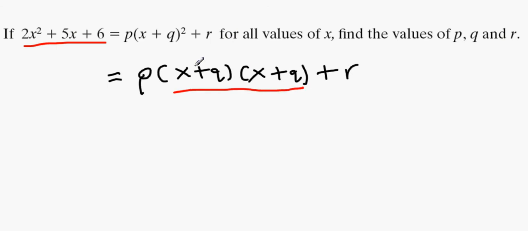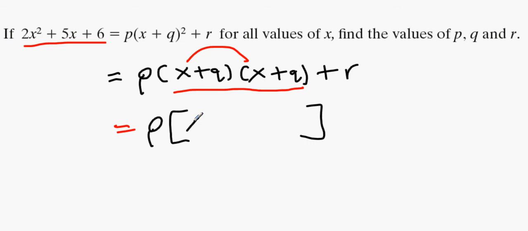So x by x, the p is still on the outside, waiting to multiply in. X by x is x squared. X by q is qx. Q by x is also qx. And q by q is q squared.